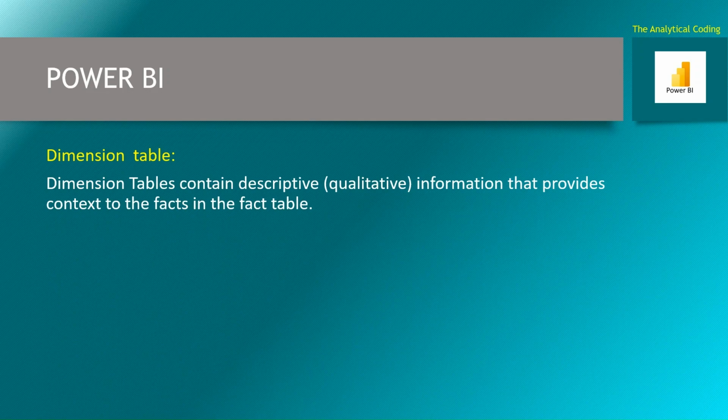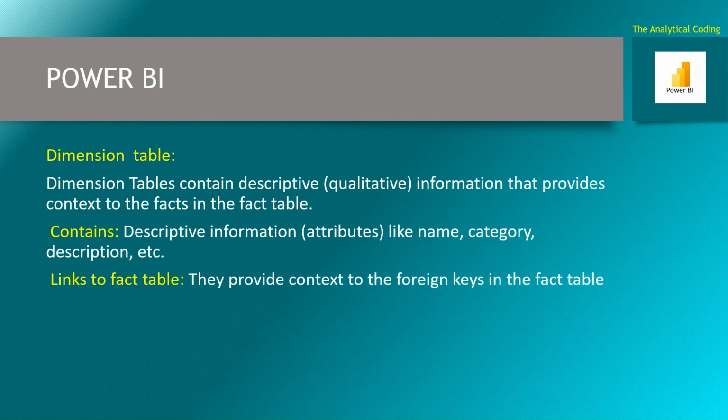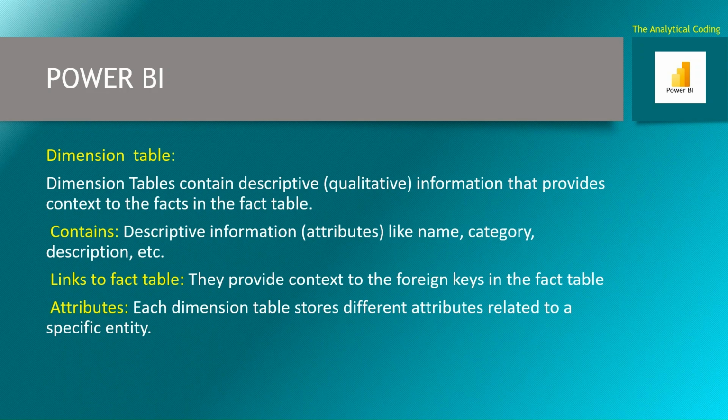On the other hand, dimension tables contain descriptive information that provides context to the facts in the fact table, right? That is, attributes like name, category, brand, everything. And it links to the fact table, providing context to the foreign key in the fact table, which we have discussed now. Each dimension table stores different attributes.